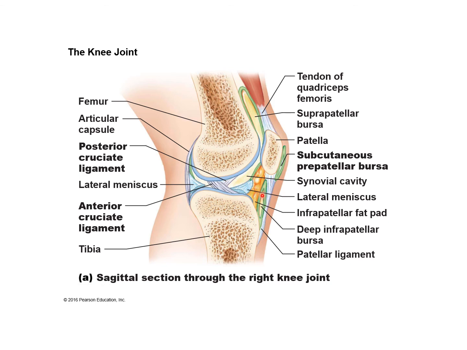All right, and bursae do represent areas where you can get some pathology or some sort of inflammation. If we get inflammation of any of these, whether that be due to overuse of the joint, or maybe a virus or a bacterium got in there and is causing an infection, you can have inflammation of these bursae, which would cause redness around the area, pain.